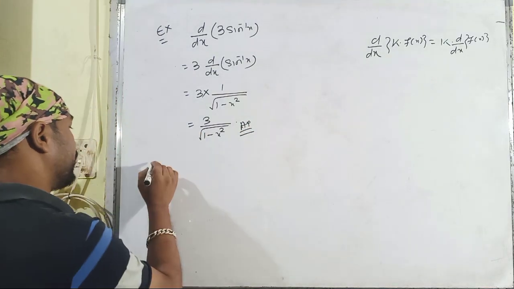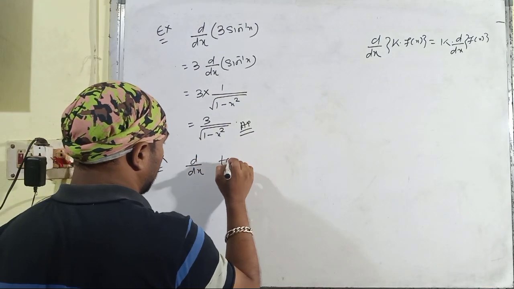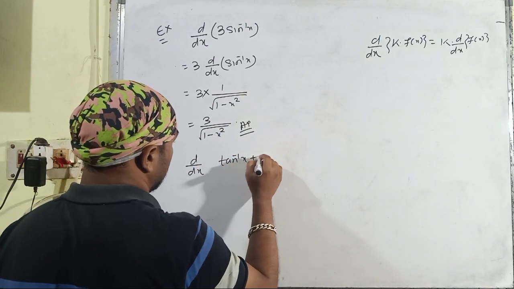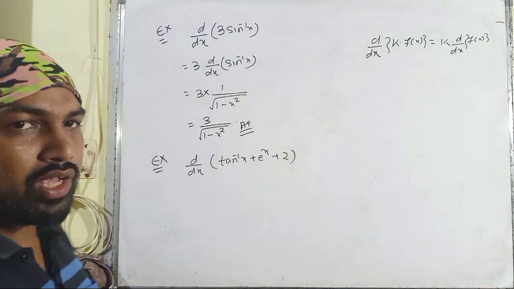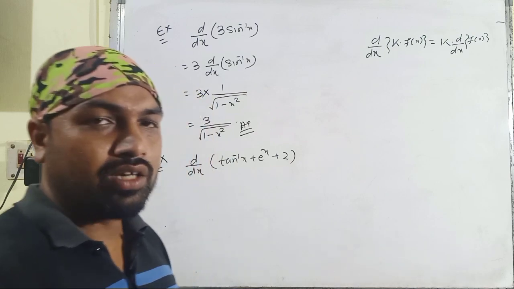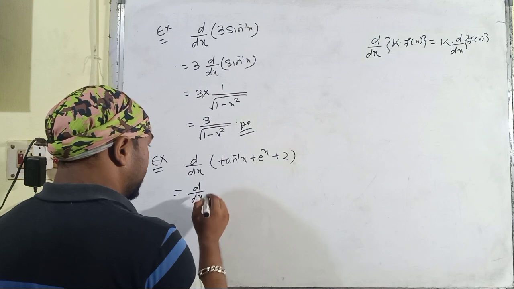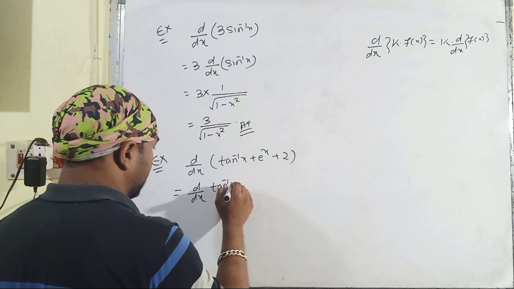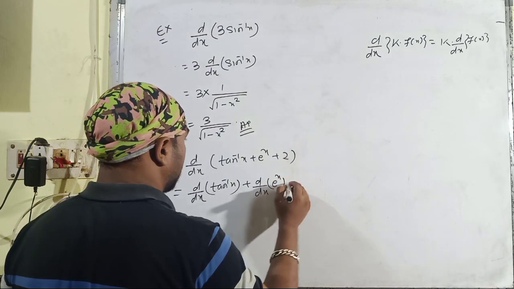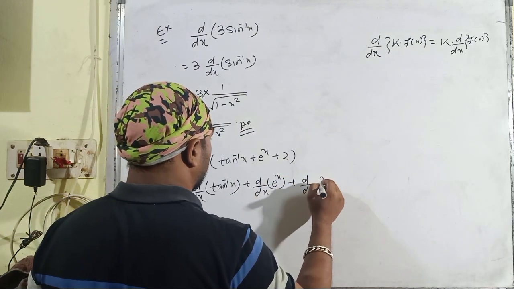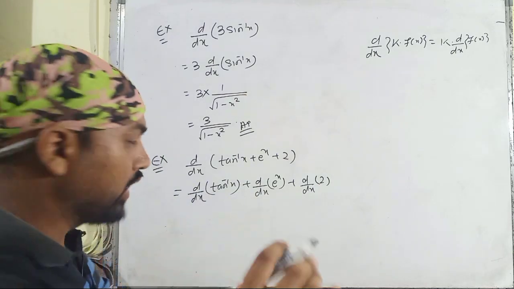Then moving towards another problem, differentiation of tan inverse x plus e to the power x plus 2. Here we have to apply the algebra of derivatives. You just have to separate them: differentiation of tan inverse x plus differentiation of e to the power x plus differentiation of 2, and all of the differentiations are with respect to x only.